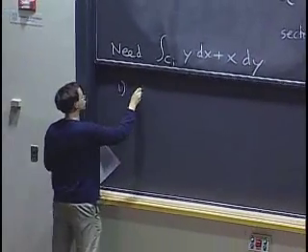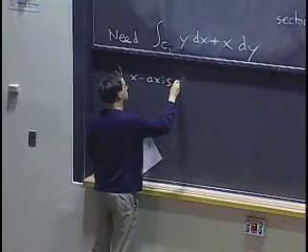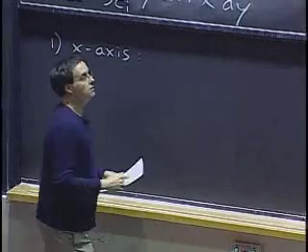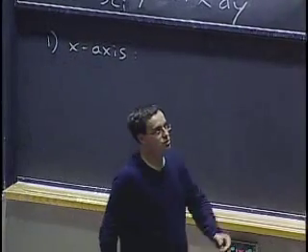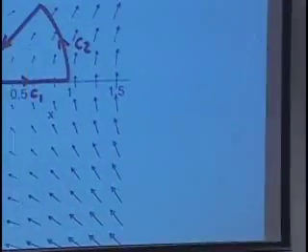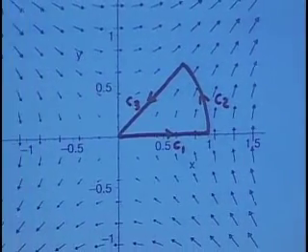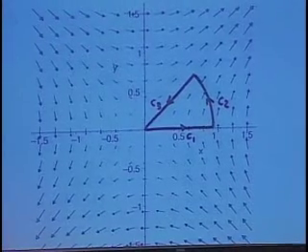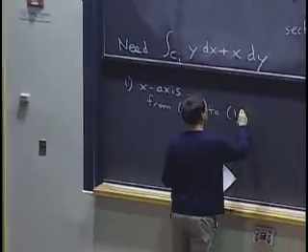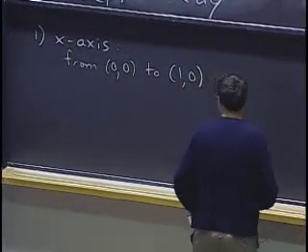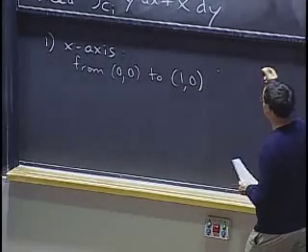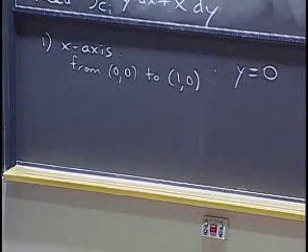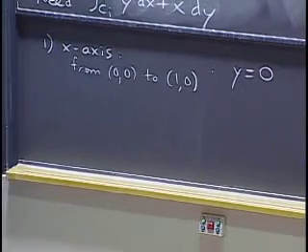So let's do the first one. On the x-axis, well, one way to parameterize that is to just use the x variable. We're going from the origin to (1, 0). Well, we know we're on the x-axis, so y is actually just 0, and the variable will be x from 0 to 1.